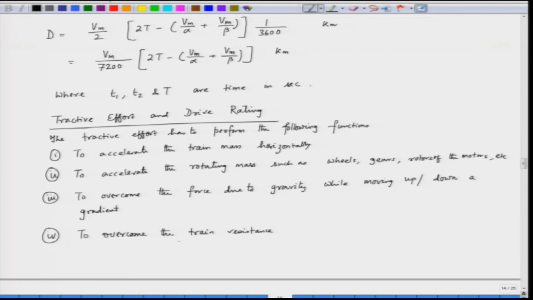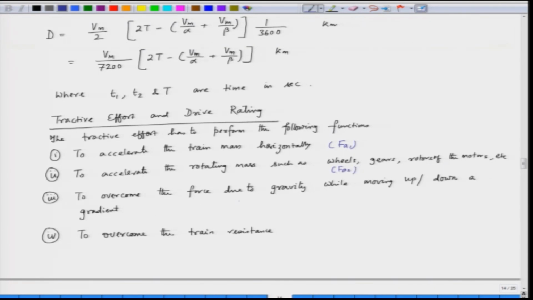To accelerate the train horizontally, say for example, the tractive effort is F A1. To accelerate the rotating mass such as wheels, gears, axles, rotors, etc., we call this F A2.